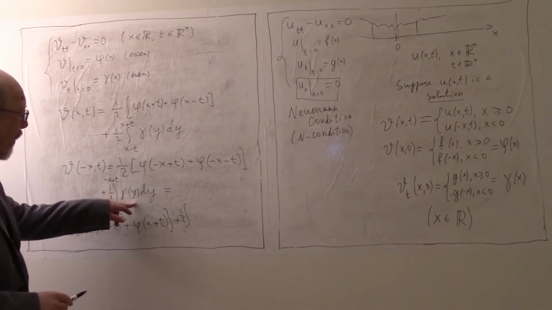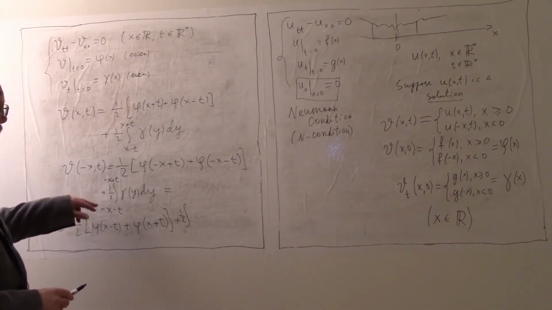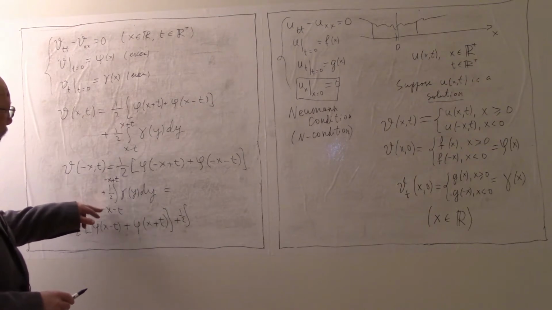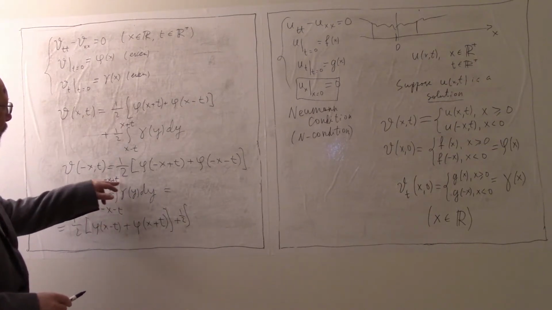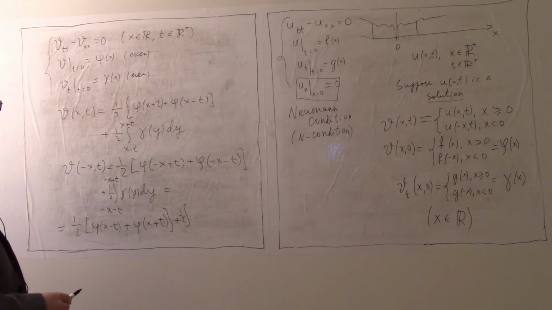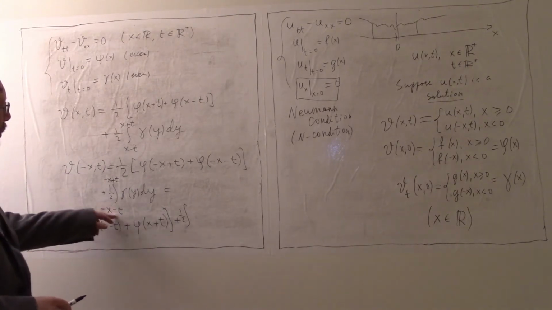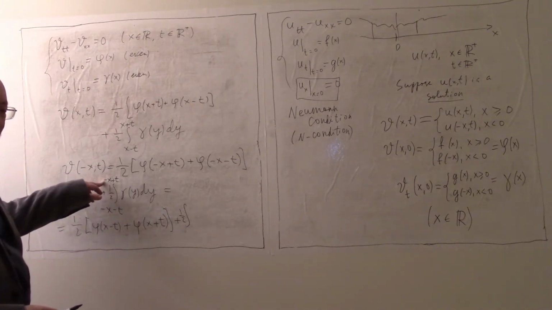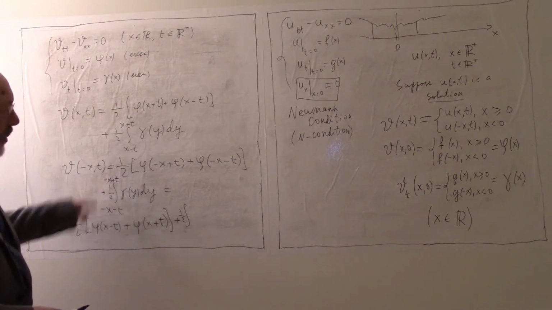The function gamma is even, and so if you take the opposite values of the limits and change their places, the result will be the same.